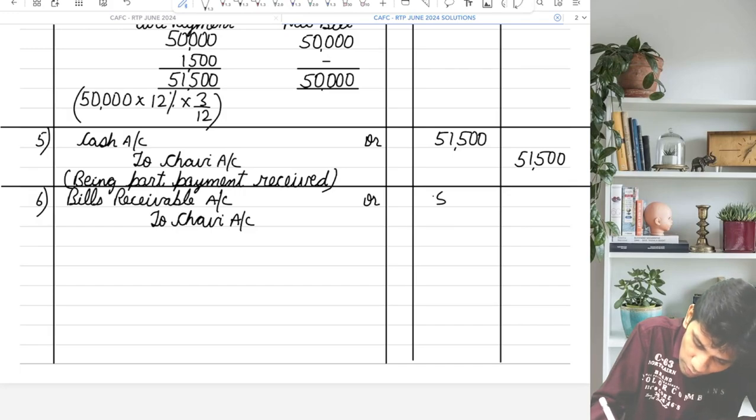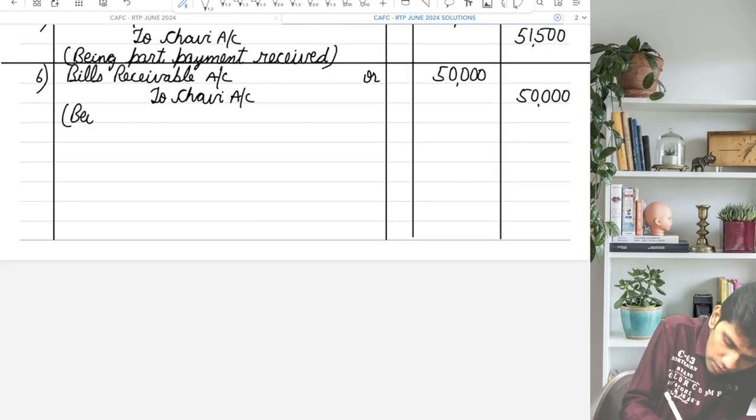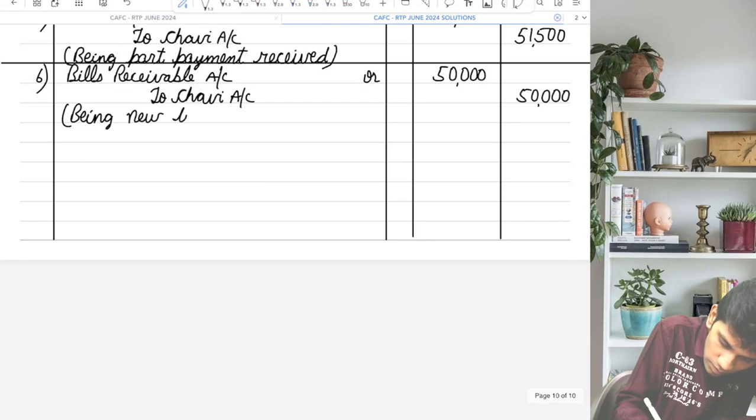The new bill amount we already have in the tree diagram, 50,000. Being new bill drawn for 3 months.